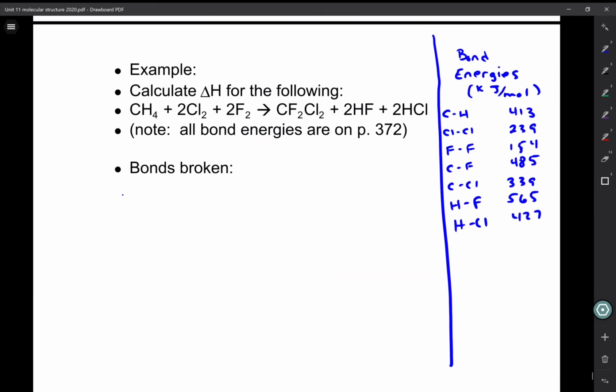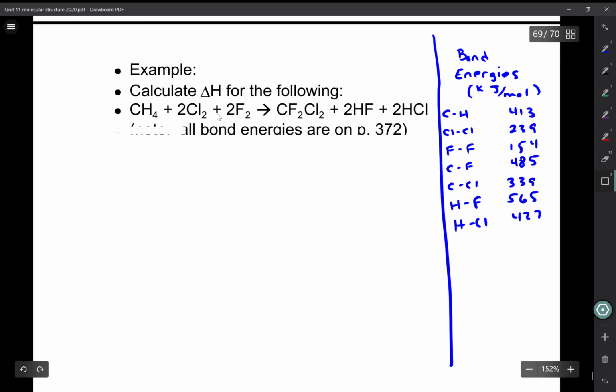It's not calculated. It's pretty easy. So here we have this reaction, and we don't need the bond energy page anymore, so get rid of that.